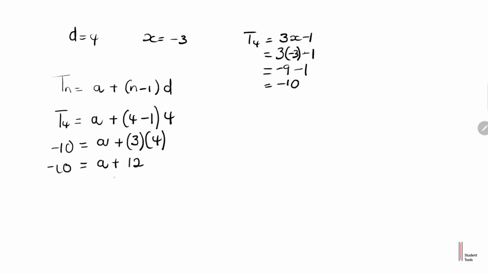So we will do that by subtracting 12 here and also subtracting 12 over there. So a is equal to negative 10 minus 12. So that is negative 22. So the first term is equal to negative 22. So T1 is equal to negative 22. And that is just how we find the first term of this series.